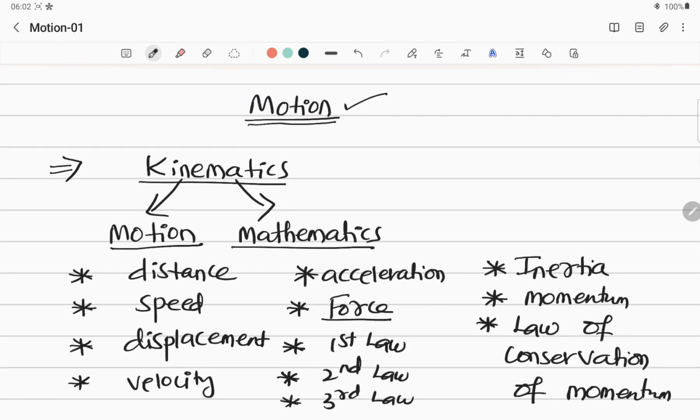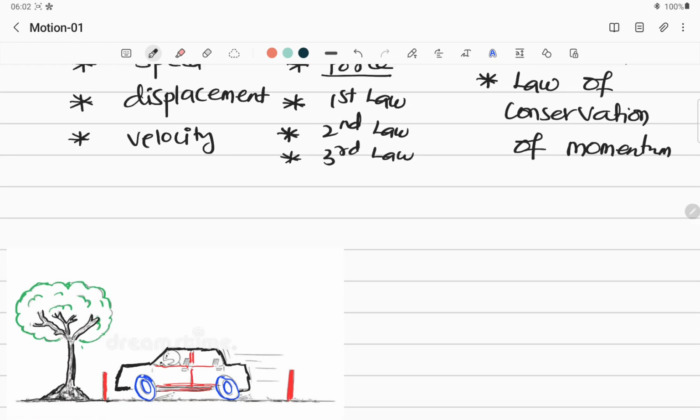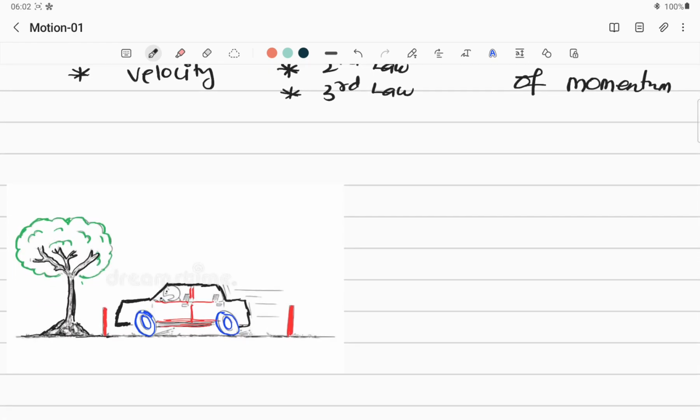Now, on the broader case, let me give you some idea. I have drawn some pictures here, just to give you some idea about what motion is about. If you come to the definition of motion, dear children, what do you mean by motion? It's quite a simple definition.